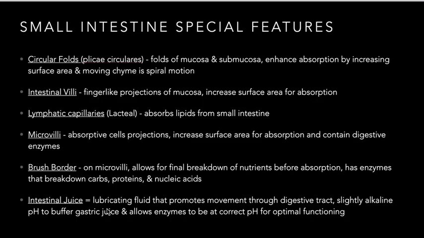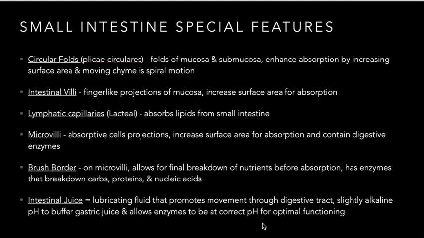And inside of that digestive tract, we had intestinal juice. Again, it's going to be slightly alkaline, so we could buffer that gastric juice and have all of our enzymes be at that correct pH for their perfect function, right? Enzymes are proteins, so if they're kept at the wrong pH, they get what we call denatured. If it's denatured, it loses its structure. If something loses its structure, it loses its function, right?